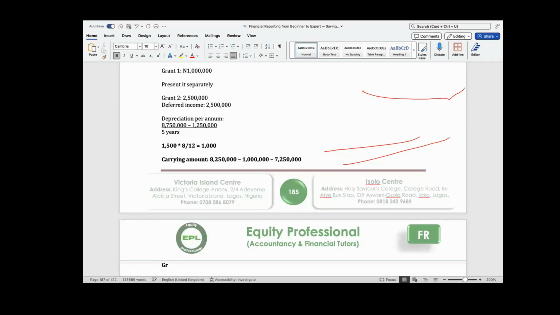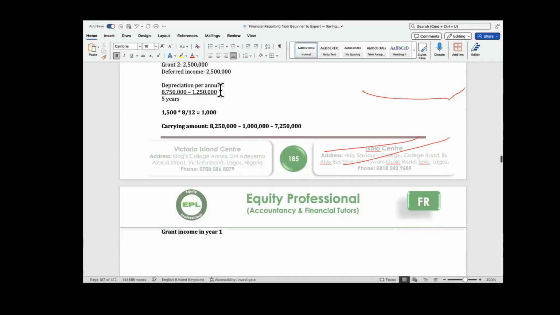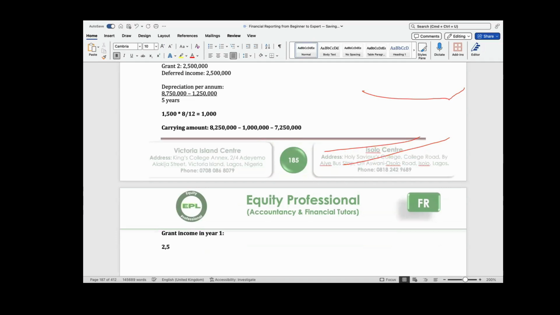So who can tell me how much grant we are going to recognize in year 1? What will be the grant income in year 1? It will be 2,500,000, which is the grant, divided by 5 years. That'll give us 500.